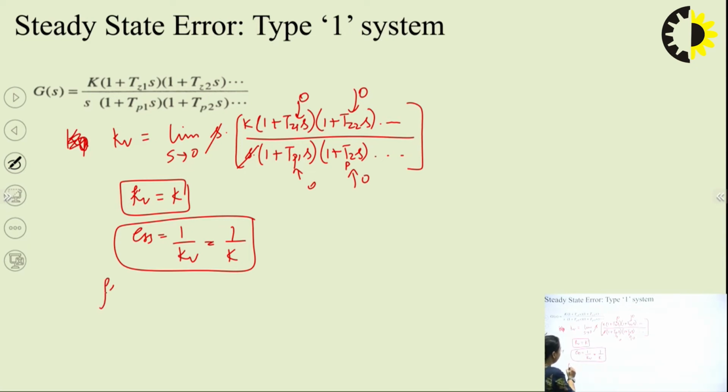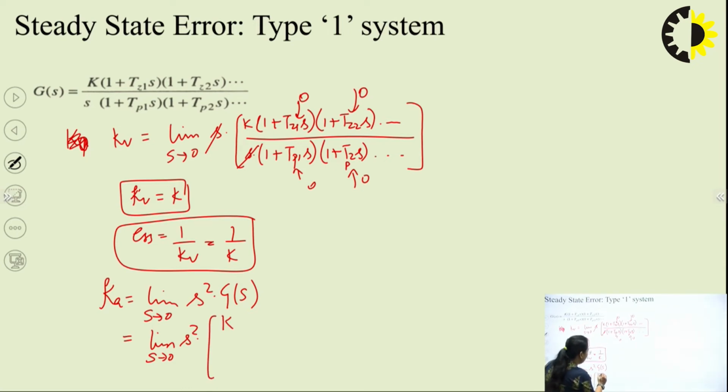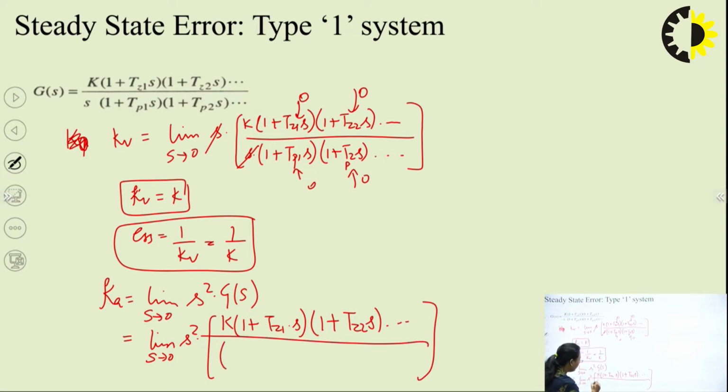Okay. Similarly, I can calculate Ka, which is limit s tends to 0 of s square into G(s). Now putting the value of G(s) here, I am getting s square into K into (1 plus Tz1 into s)(1 plus Tz2 into s) and so on, upon s, and (1 plus Tp1 into s)(1 plus Tp2 into s) and so on.